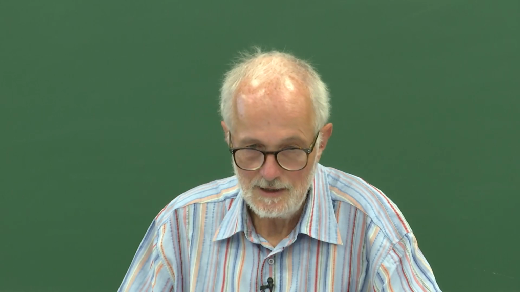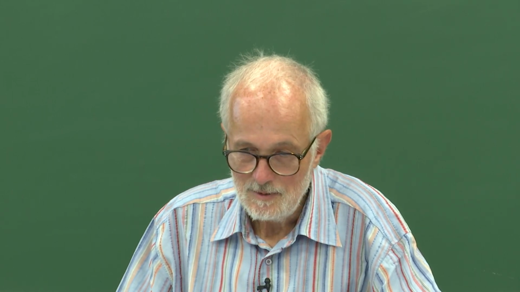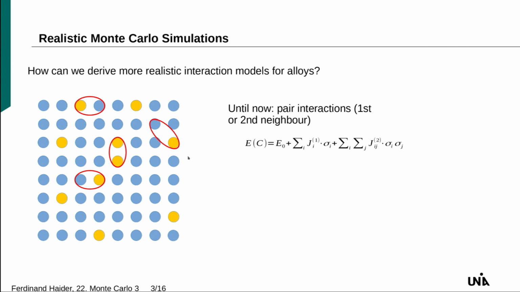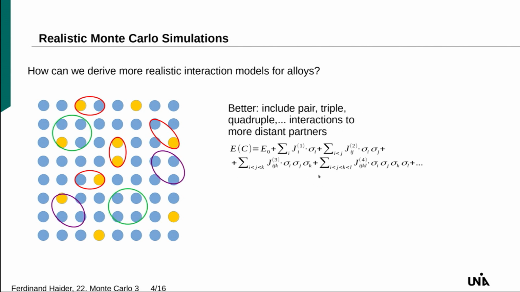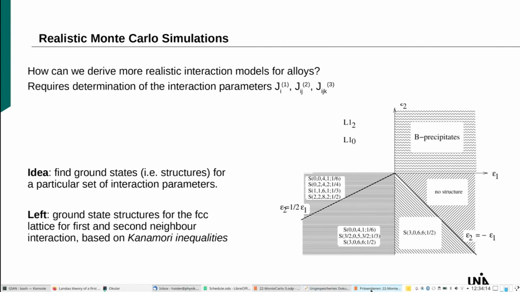So here's again what I just wrote. This is for the pair interaction and the single interaction. And now that's a continuation, that you have quadruples, triples, and so on. And always remember this can also have different occupations. And this can be done with an automatic toolkit, ATAT. Perhaps I should write it down here.